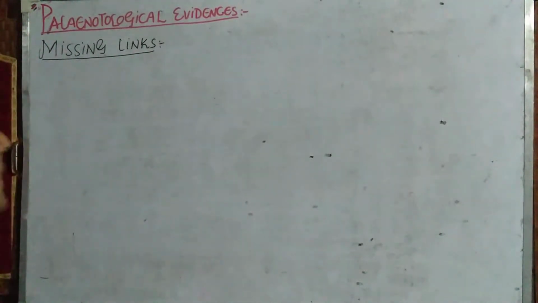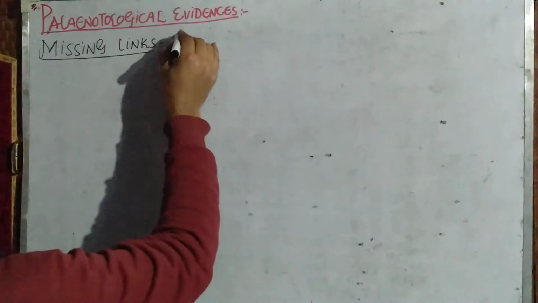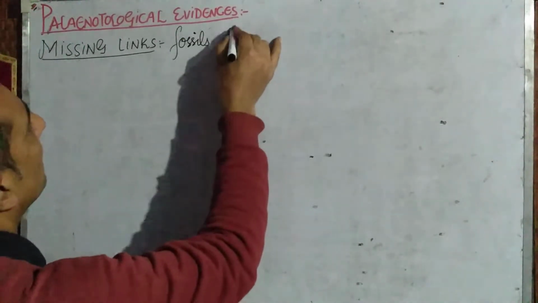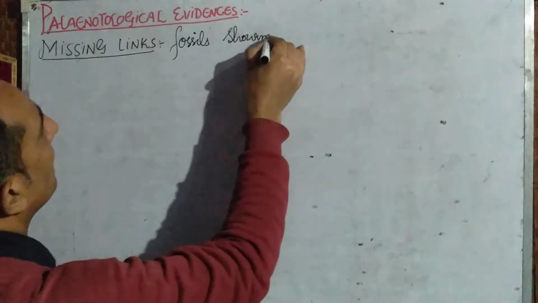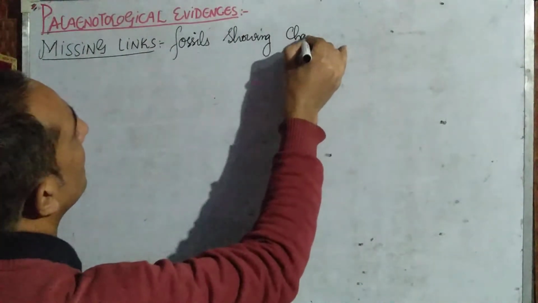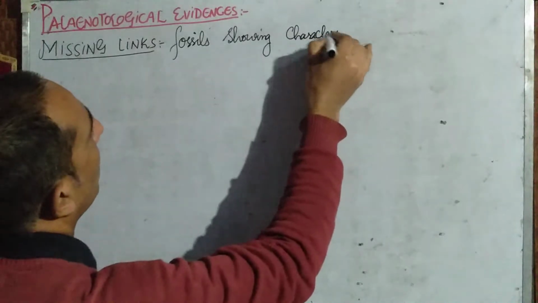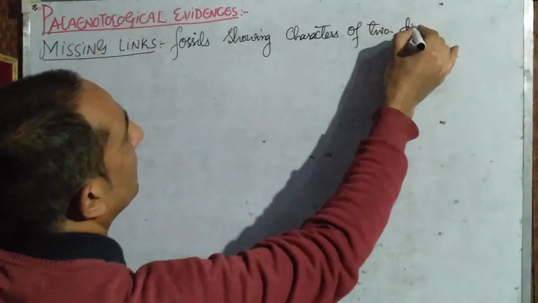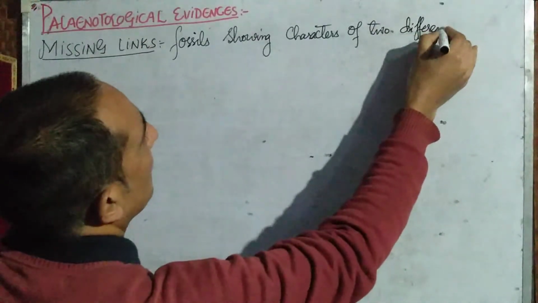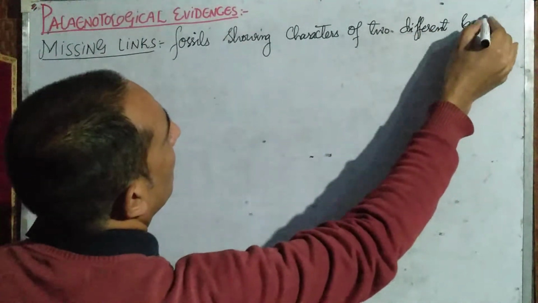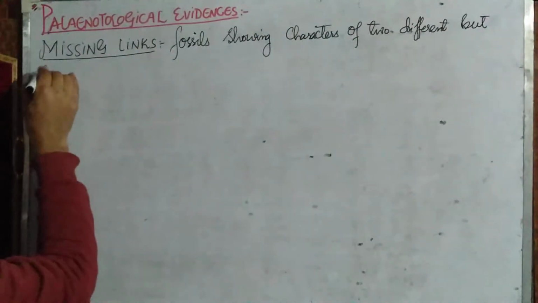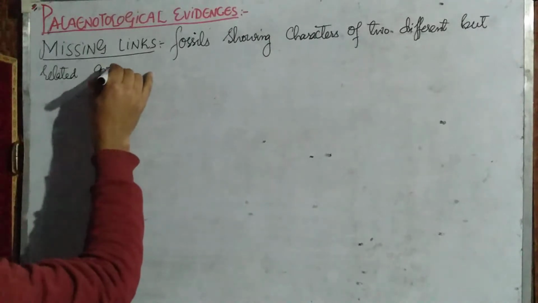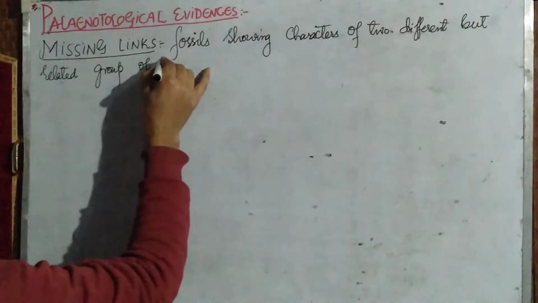Missing links are fossils showing characters of two different but related group of organisms.